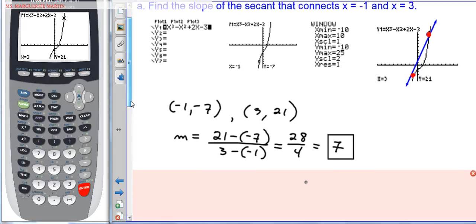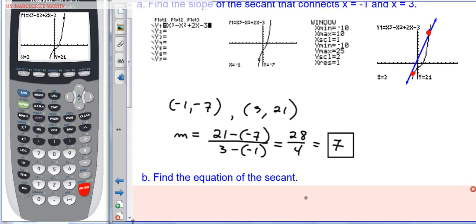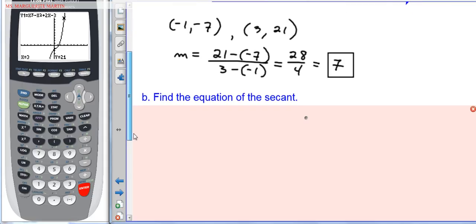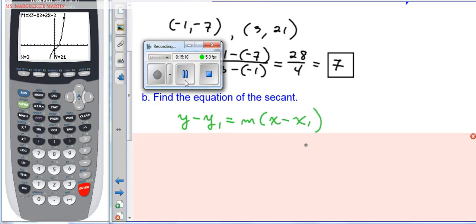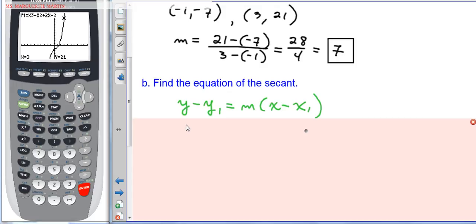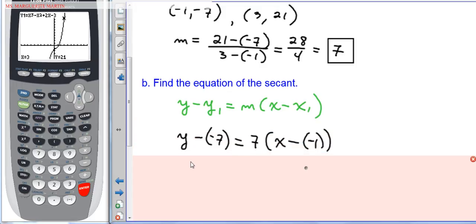Now for part B, it says find the equation of the secant. And then after you write that in blue, grab green and write the point slope formula. y minus y sub 1 equals m times the quantity x minus x sub 1. So we're going to substitute in for the slope 7, and I substituted in for x sub 1 negative 1 and for y sub 1 negative 7.